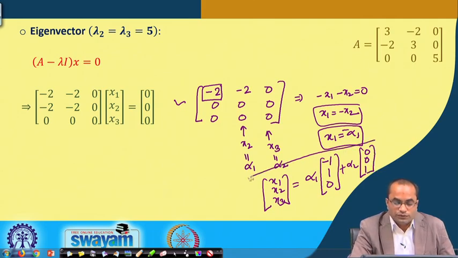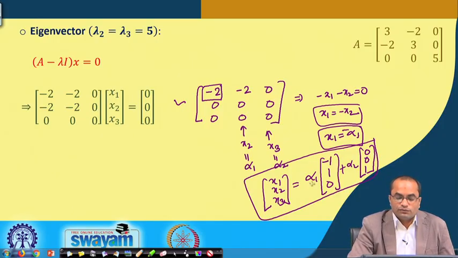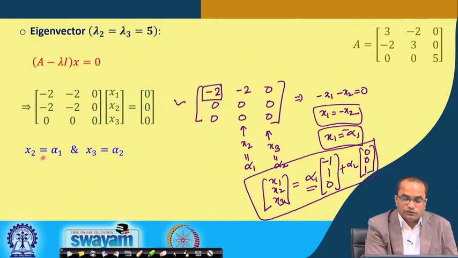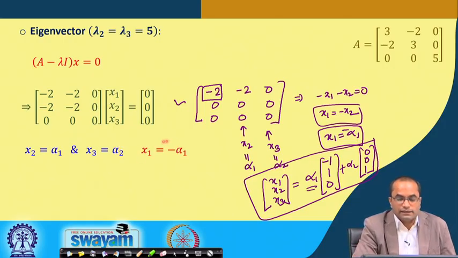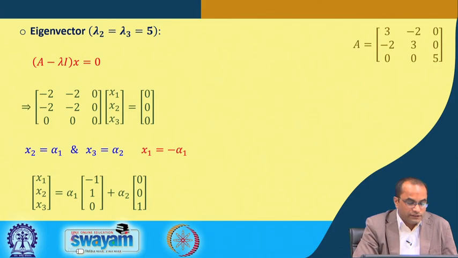So, the solution of this system of equations, x 1, x 2, x 3, is alpha 1 times minus 1 1 0 and alpha 2 times 0 0 1. This is exactly what is written here. So, x 2 we have chosen as a free variable, x 3 also a free variable, and x 1 is coming as minus alpha 1, which we have evaluated.